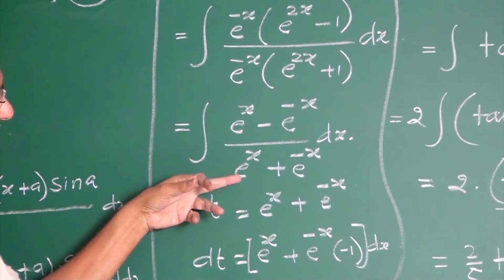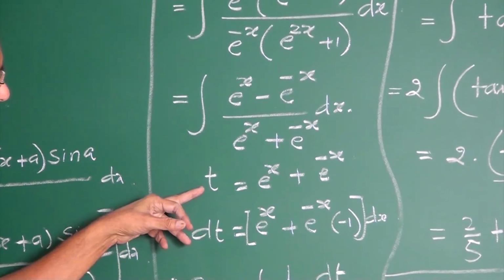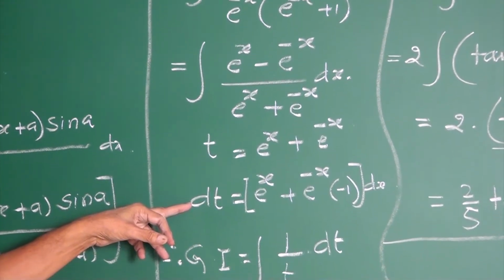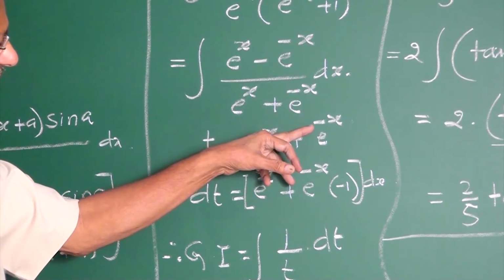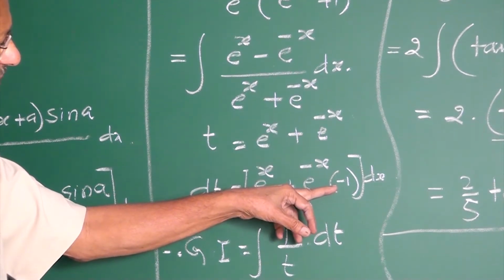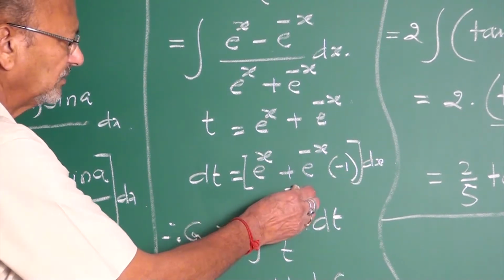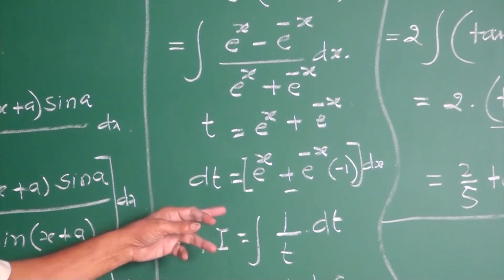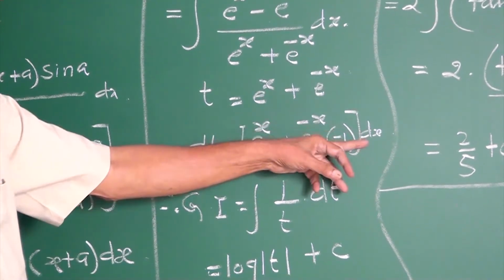If this is your t, e to the power x plus e to the power minus x, then differentiation gives dt. Derivative of e to the power minus x is minus e to the power minus x, so it becomes e to the power x minus e to the power minus x dx.